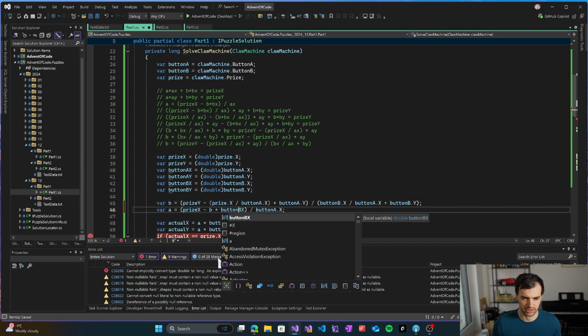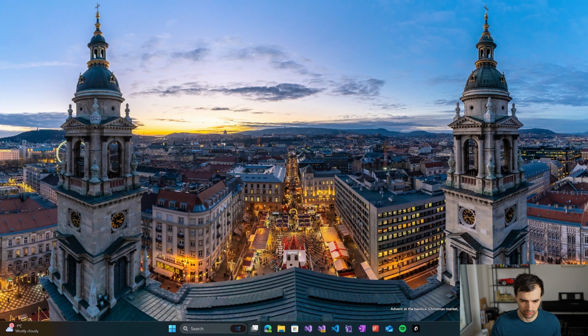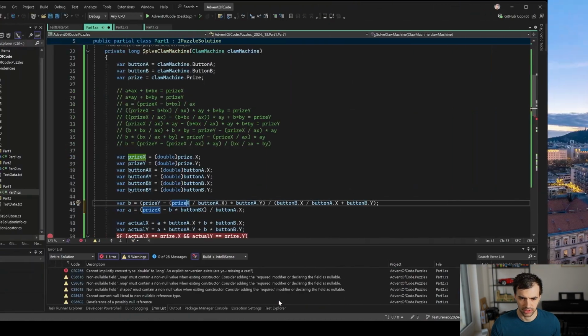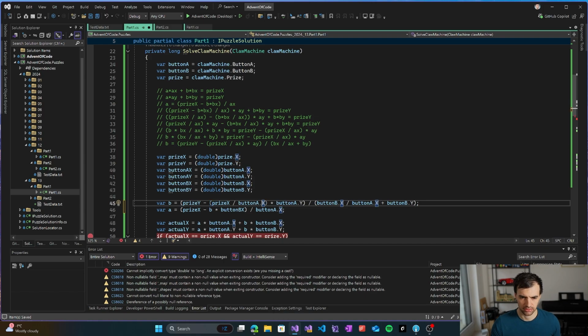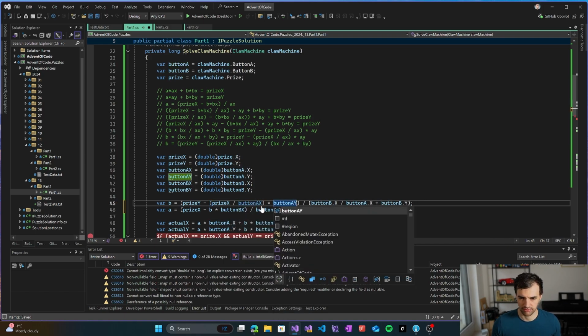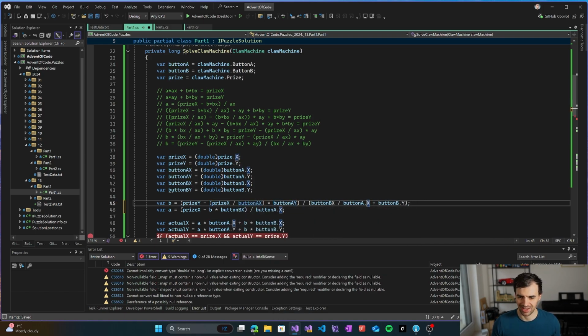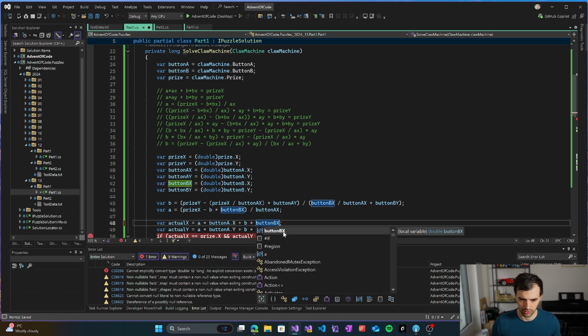Like that, because otherwise I would be doing integer-based divisions and ultimately end up with an incorrect result because of that. So now this will be much more correct.